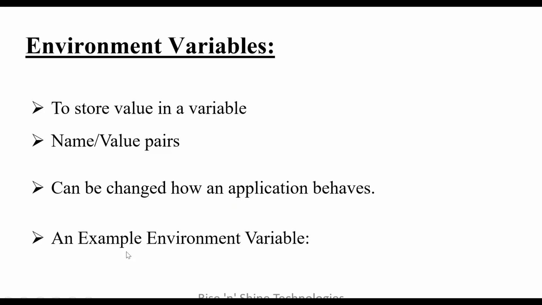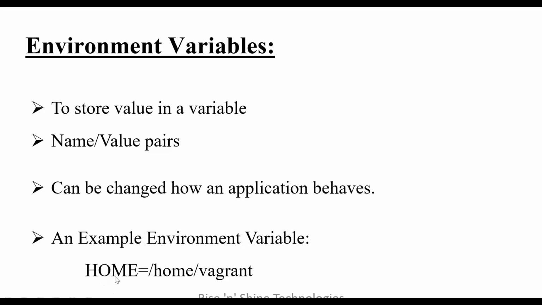If you observe some examples of environment variables, the home directory of the user is the default home directory, that is /home/username. Whenever the user is logged in, that user's home directory is stored in one variable, the HOME variable.